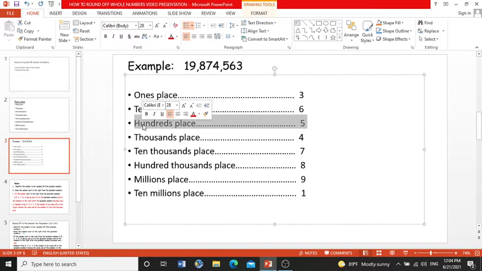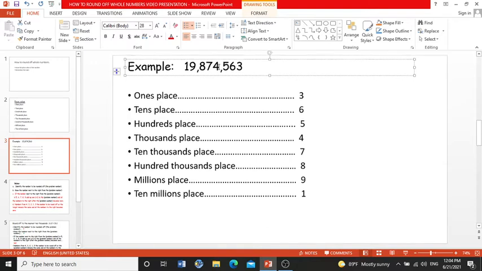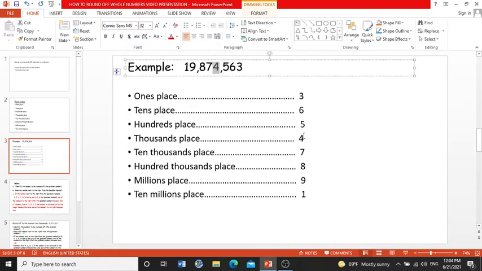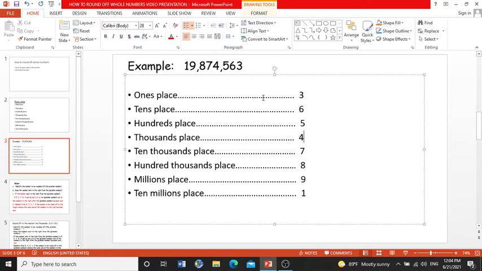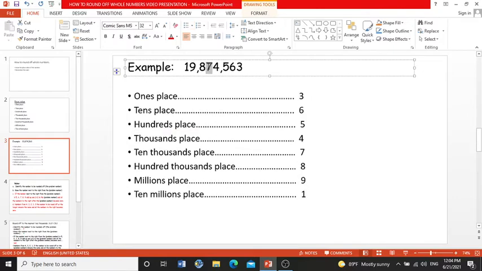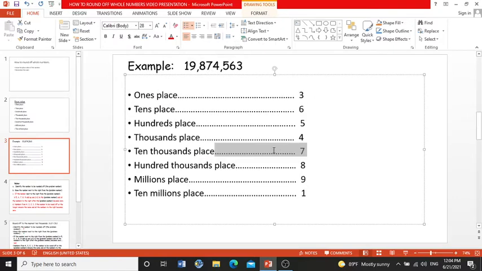Again, these are the so-called place values. Then we have the thousands place: number 4 is in the thousands place. Number 7 is in the 10,000s place. That is the place value. And number 8 here is in the 100,000s place.